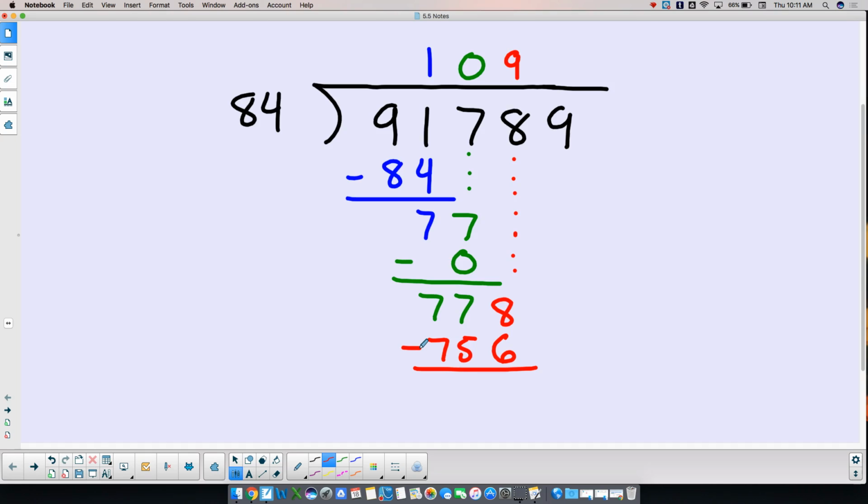Subtract first. 22. Drop down the 9. Drop it like it's hot. And probably multiply it by 2. 168.